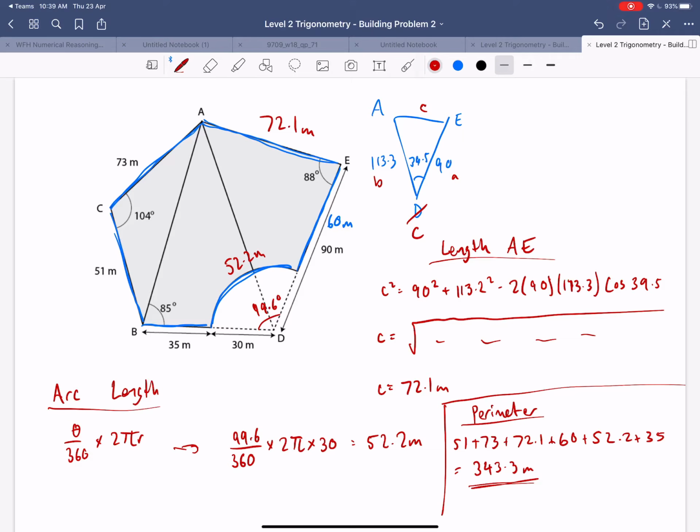Okay, so that is the entirety of this piece of work.